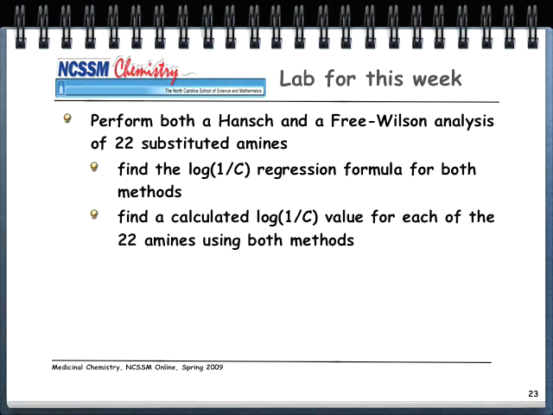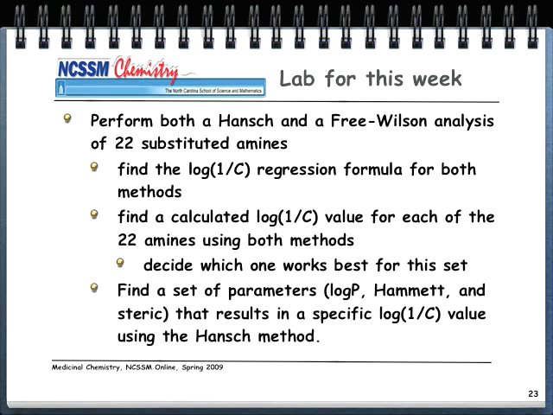I want you to find the calculated log 1C value for each of the 22 amines using both methods. Decide which one works best for the set, and we'll have to talk about what best means. Then find a set of parameters, a log P, a Hammett, and a Steric value that results in a specific log 1C value using the Hansch method. Again, if you read the lab, that will be a little more clear.